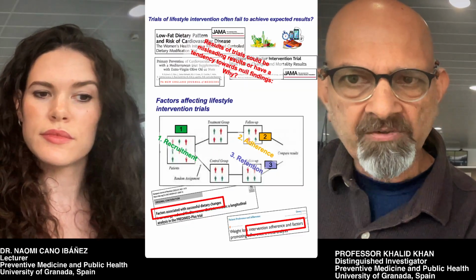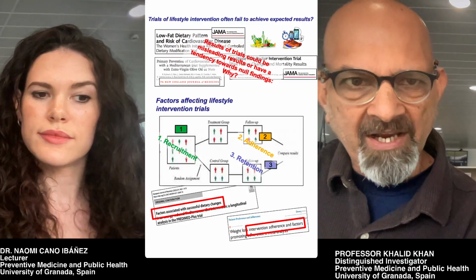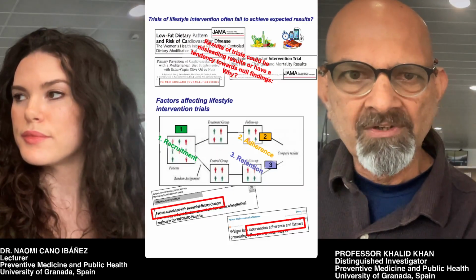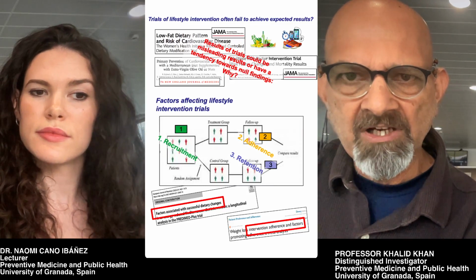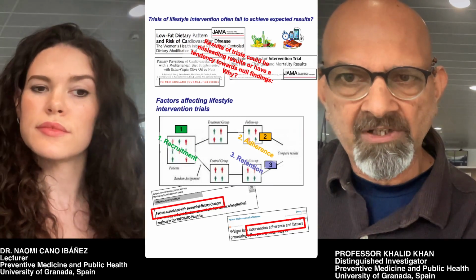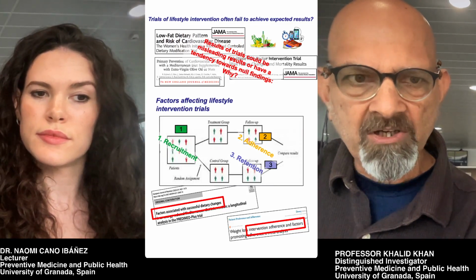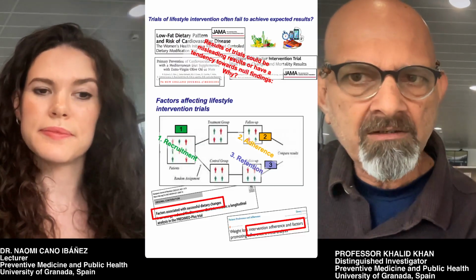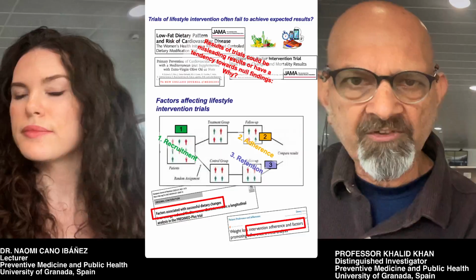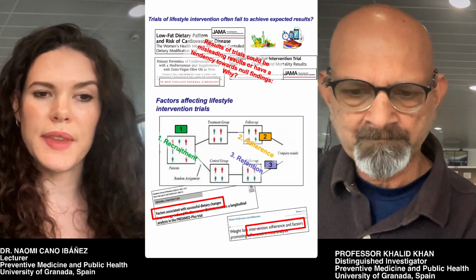In this situation, we will expect trials to show null results. By that, I mean that we will not be able to show that the intervention is effective simply because in the treatment group, the intervention recommended has not been followed sufficiently by the participants.